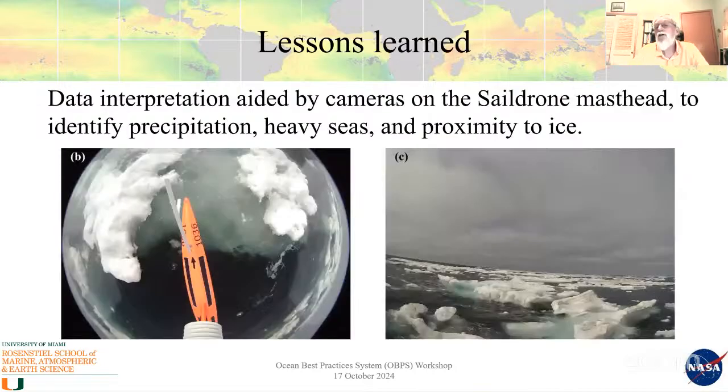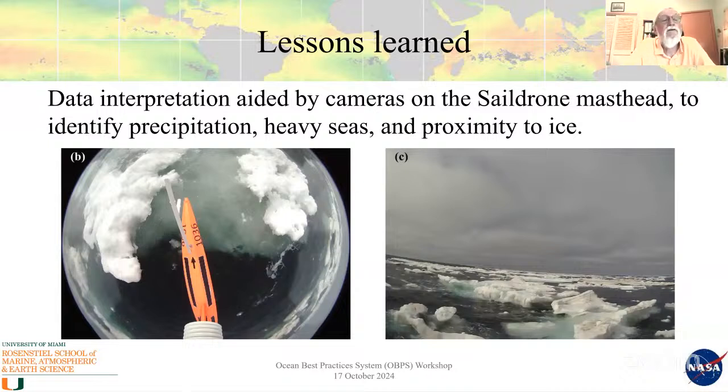There are other challenges, of course, in the Arctic especially. This picture on the right is taken from one of the cameras on the masthead of the sail drones, and these are very useful because they can determine in which conditions the measurements were made.